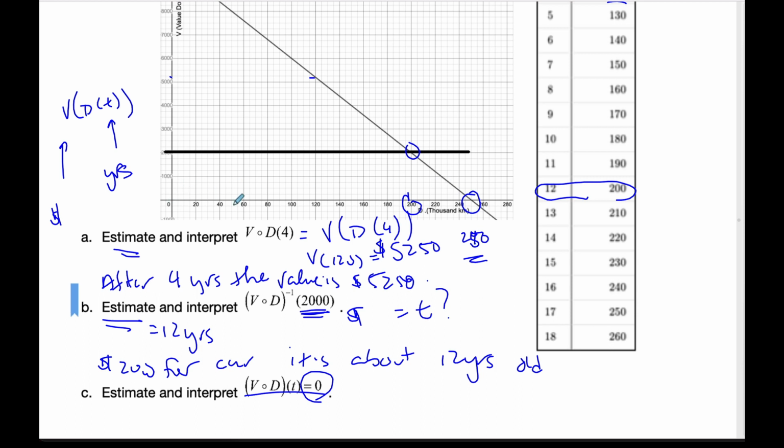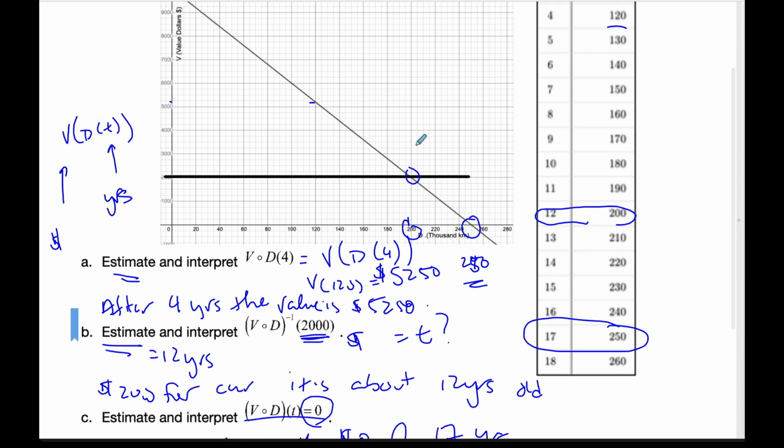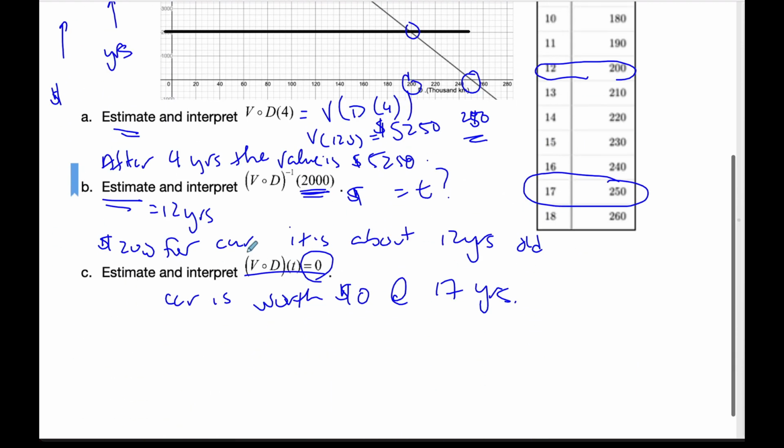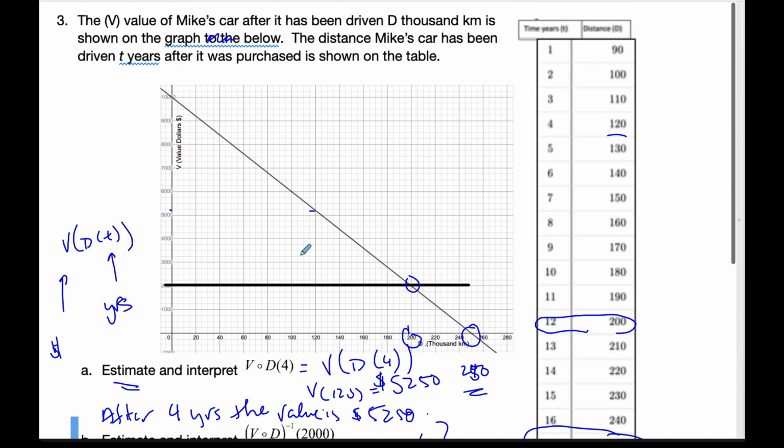So that's when the value is 0, and that happens when the car is worth $0 at 17 years. Okay, and so it is worthless. So using the table and the graph, we can also interpret these values, and we have to be able to work with tables, graphs, and equations.